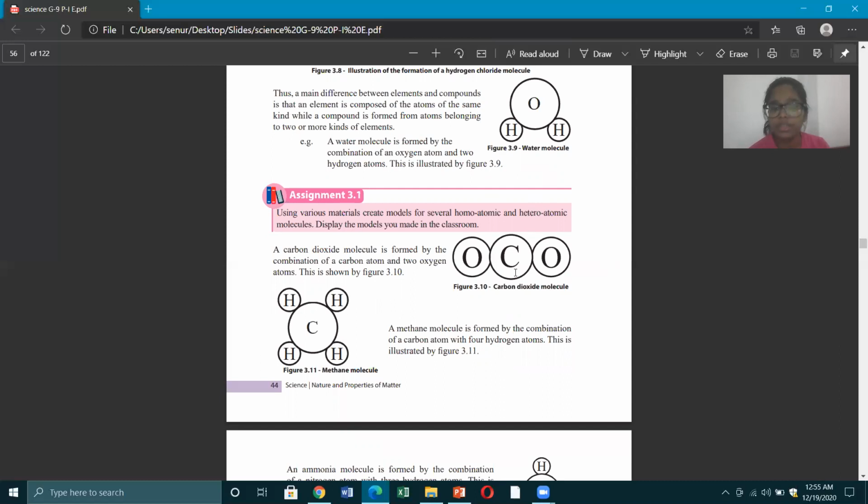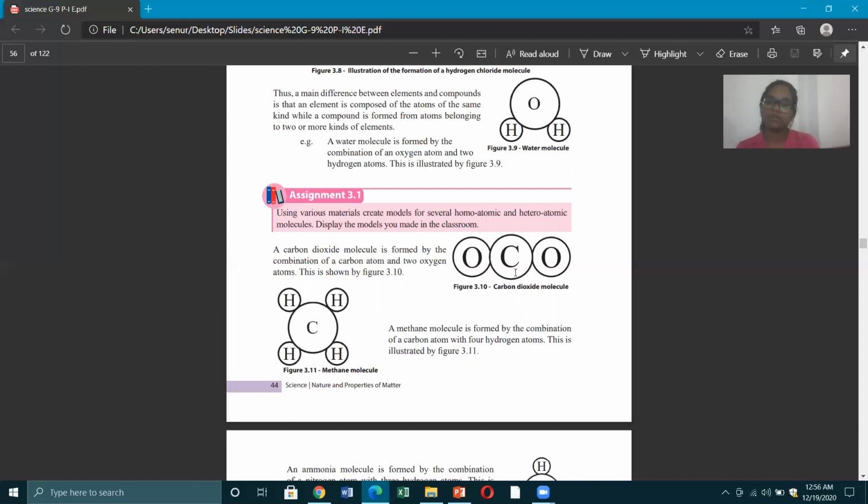And then you have the methane molecule. What is methane, children? It's actually a gas, and it's the simplest one in the paraffin series of hydrocarbons. Methane gas. Okay. Hydrocarbons: C and H. CH4 is methane. So the methane molecule is illustrated here.